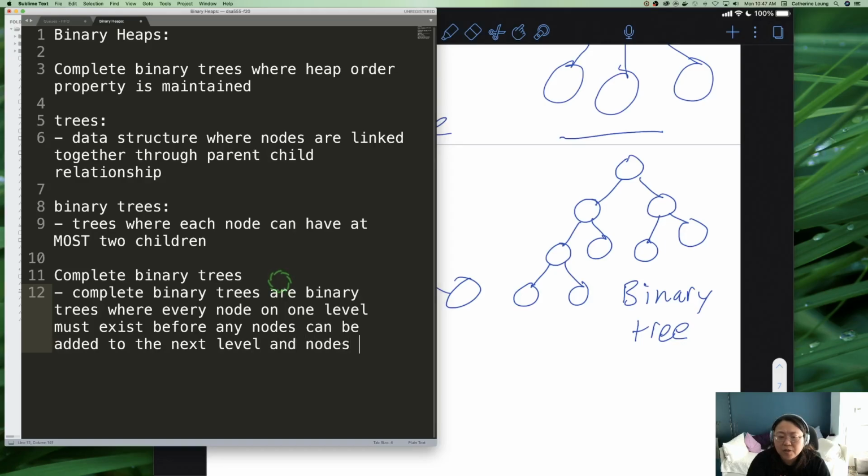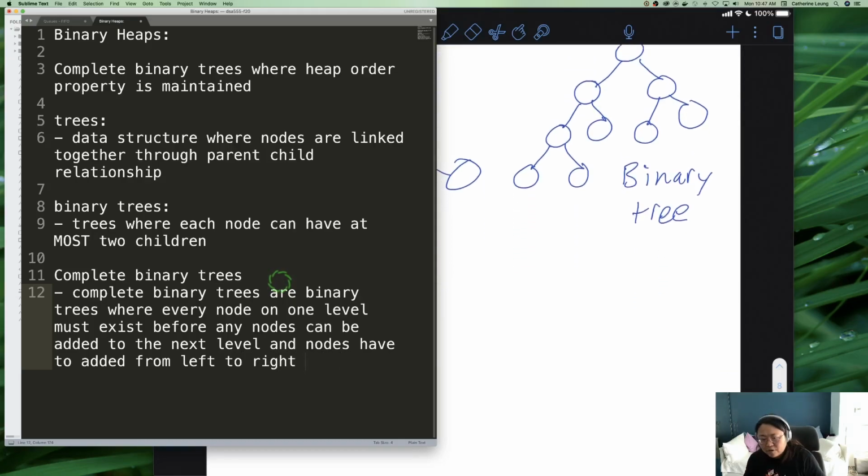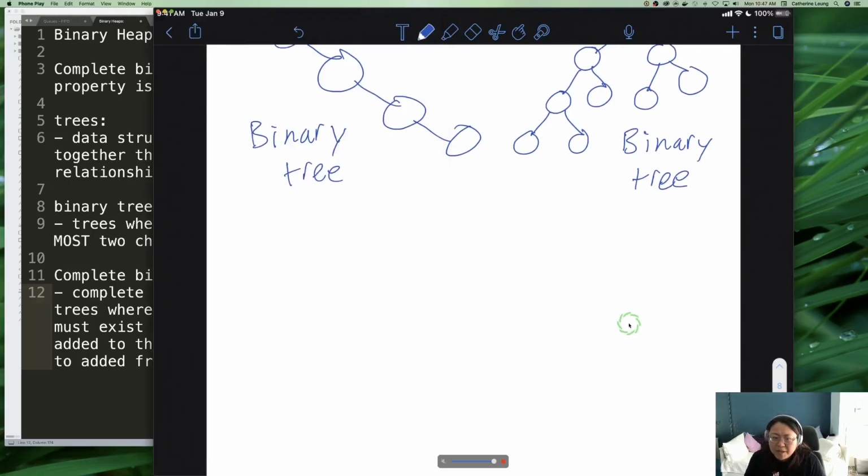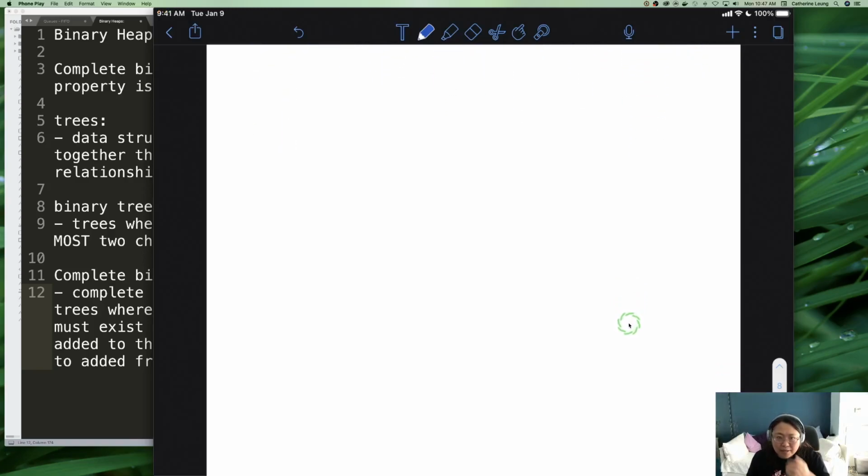And nodes have to be added from left to right. So what does that actually mean for our trees? What do we mean by adding something from left to right? Let's take a look at this.